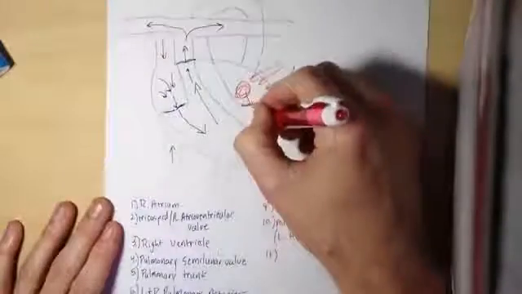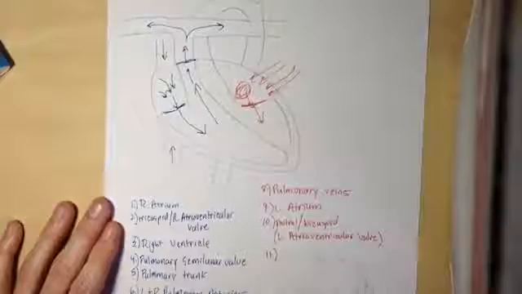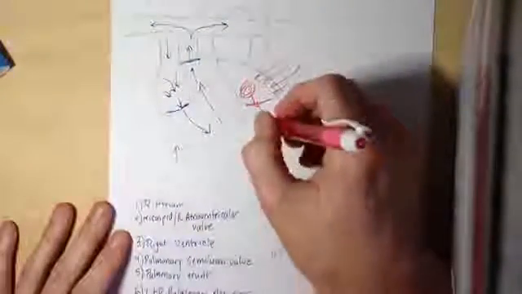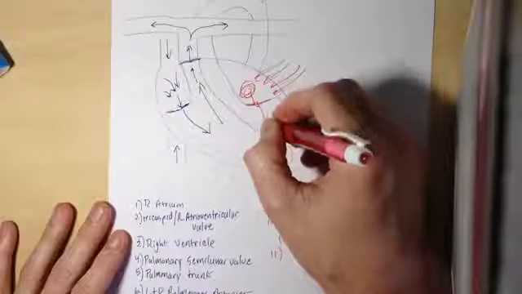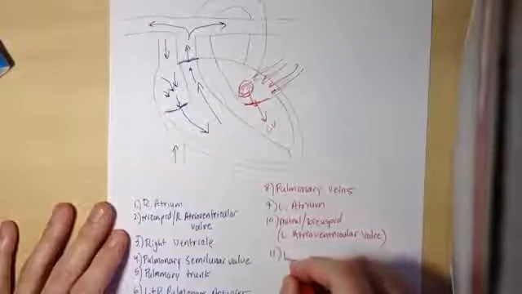Okay, so step number 11, it goes through the mitral, atrio, left, whatever valve you want to call it, and into the left ventricle.